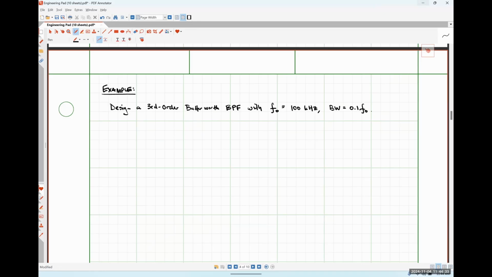So effectively 10 kilohertz. Okay. And we're going to say that RS and RL are 50 ohms. Okay.